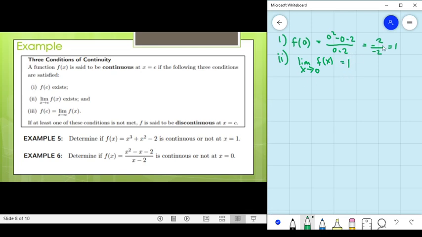So since our f of 0, which is 1, is equal to the limit of f of x as x approaches 0, which is also 1, therefore, the third condition is met, that f of 0 is equal to the limit of f of x as x approaches 0. So we can conclude that f is continuous at x equals 0.